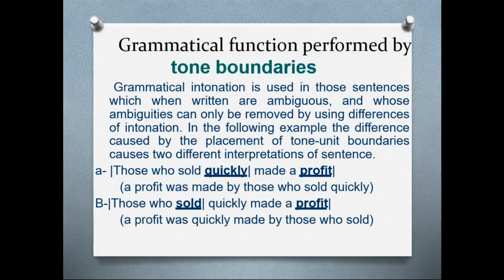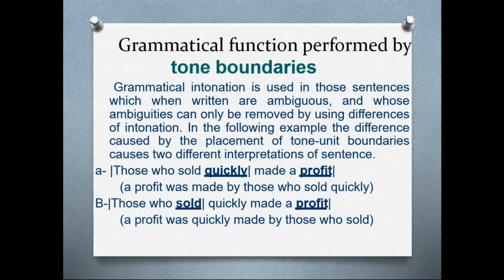Grammatical intonation is used in those sentences which, when written, are ambiguous and whose ambiguities can only be removed by differences of intonation. In the following example, the differences caused by the placement of tone unit boundaries cause two different interpretations of the sentence. Those who sold quickly made a profit.